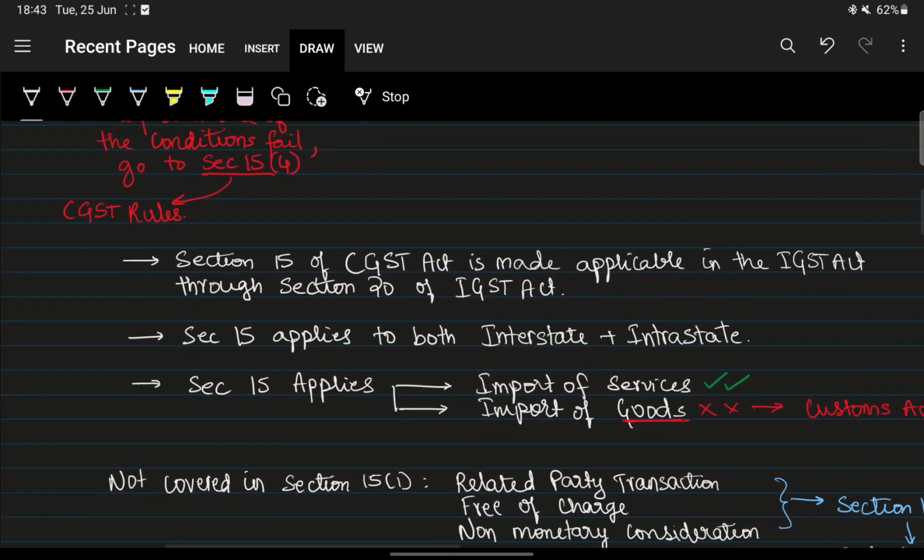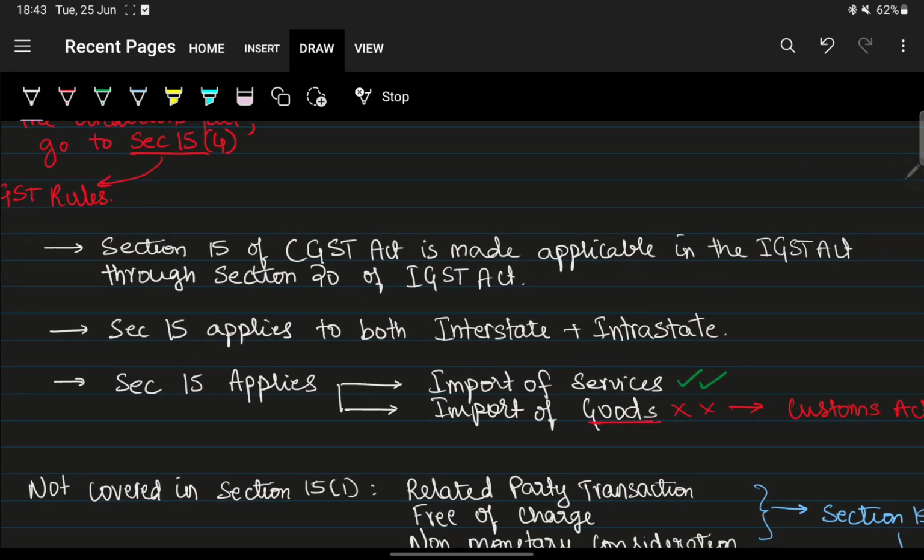Next, in the IGST Act, for valuation, it refers back to section 15. So section 20 of the IGST Act, with regard to valuation, refers to check section 15 of the CGST Act.